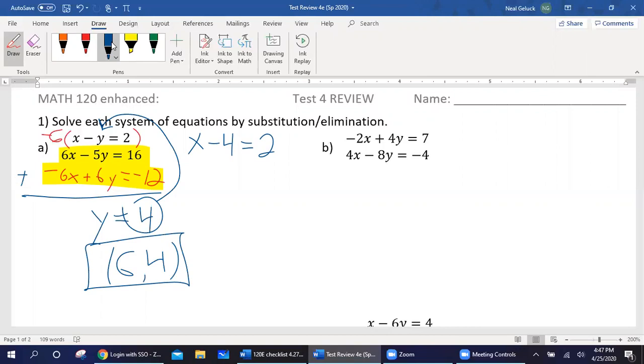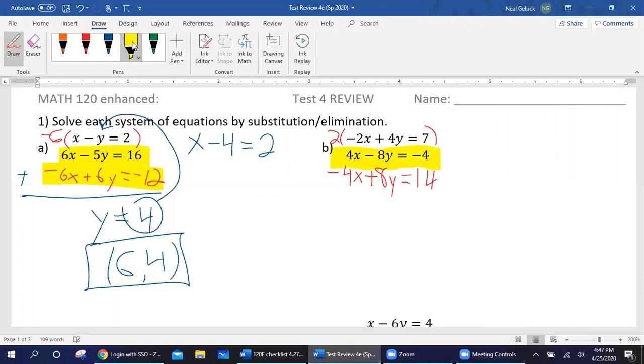On letter B, I'm going to multiply the top equation by 2. That'll give me -4x plus 8y equals 14.